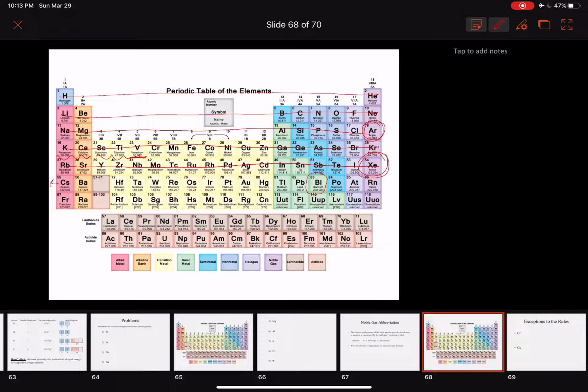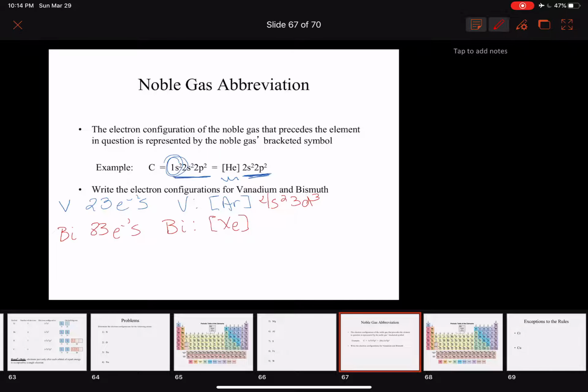So we have 2p6 there, 3p6, 4p6, 5p6. So we're going to go here, and that means that we're going to be at 6s2. So we've got 6s2, and then we're not even to bismuth yet.